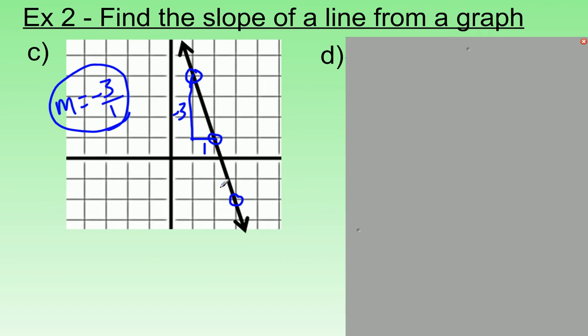So my slope is going to be negative 3 over 1, or a slope of negative 3. Using the formula, I'm going to use these other 2 points just to show it's the same slope between here and between here. So if this had a slope of negative 3, I'm going to show that this also has a slope of negative 3. This is the point 2, 1, and this is the point 3, negative 2.